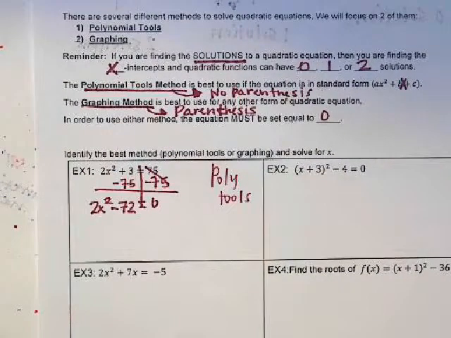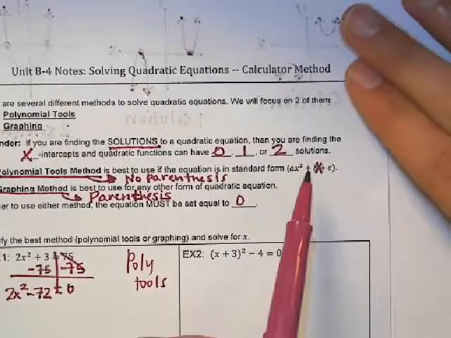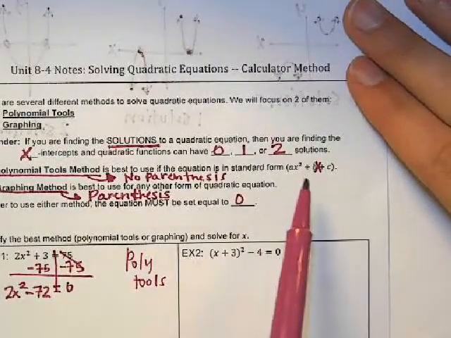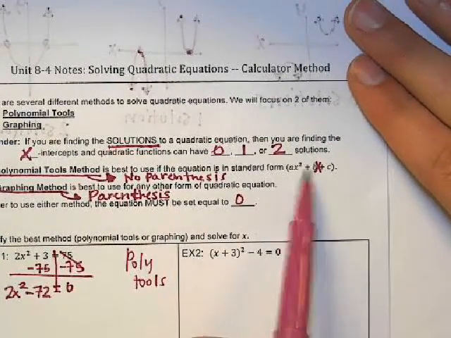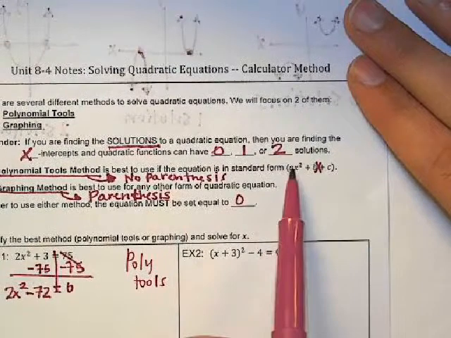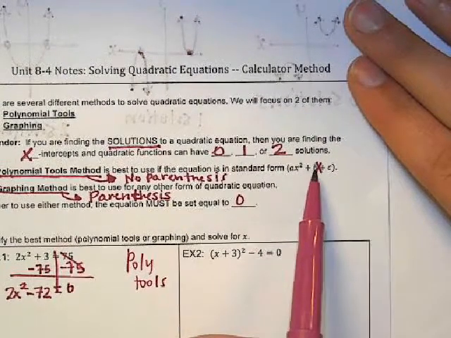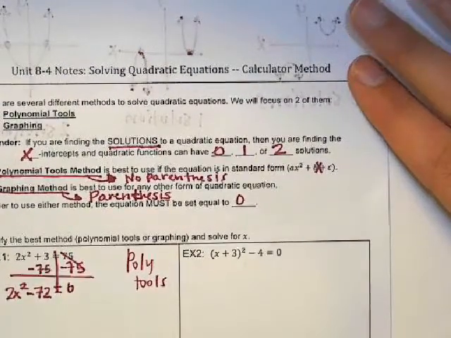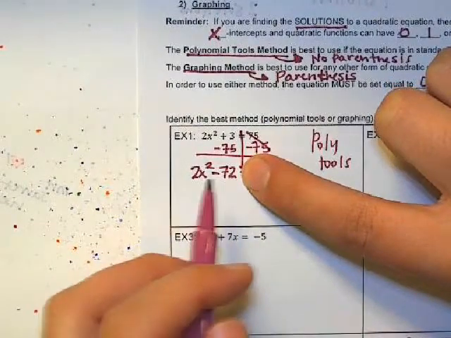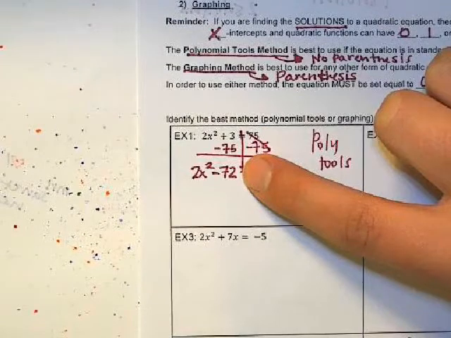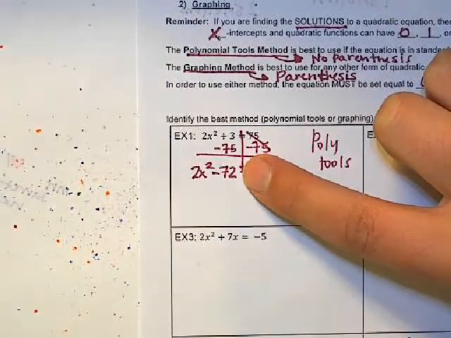Now, before I show you how to do poly tools, look right here. How many terms do I have for standard equation? x squared is 1, bx is 2, c is 3. Right here, how many terms do I have? 2. So which one am I missing? The middle one.